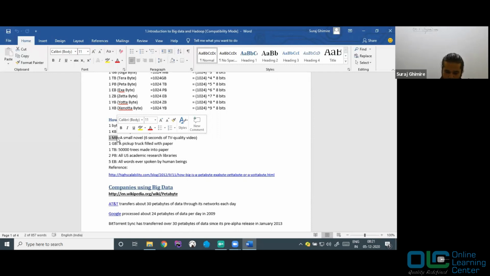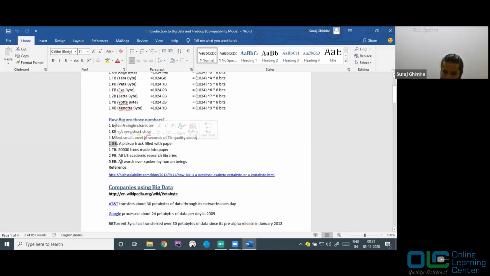But if you keep it as plain text, they may be under 1 MB as well. 1 GB you can consider like a small truck completely filled with papers, with something written on both sides of the papers. 1 TB: maybe around 50,000 trees converted into paper can give you 1 TB of storage.